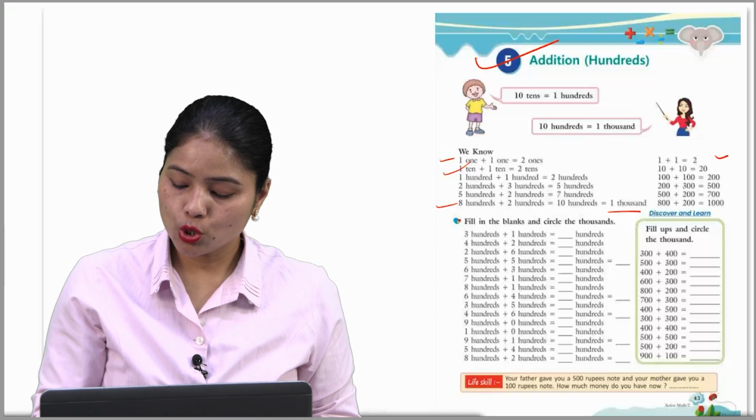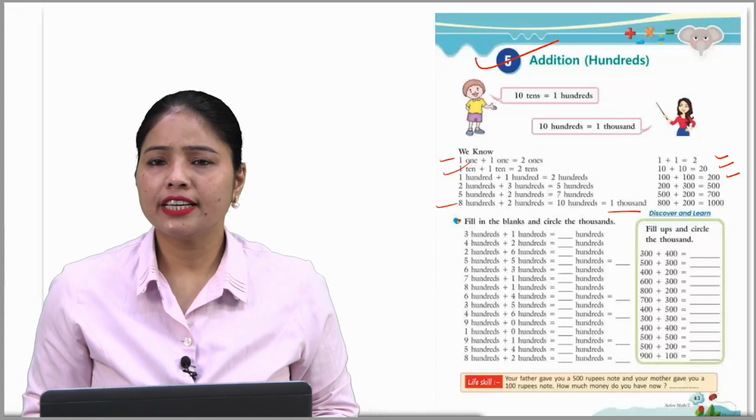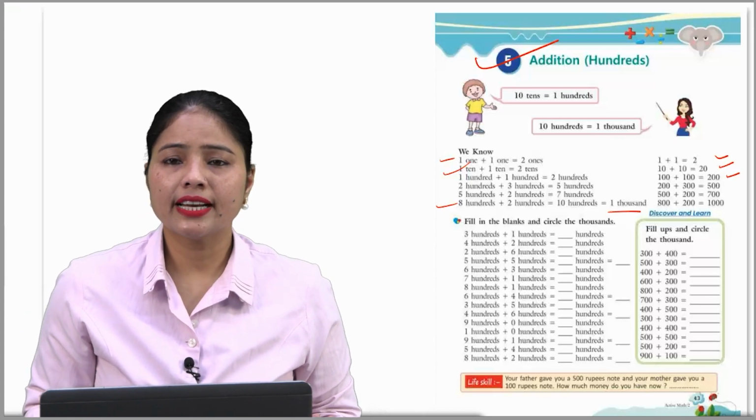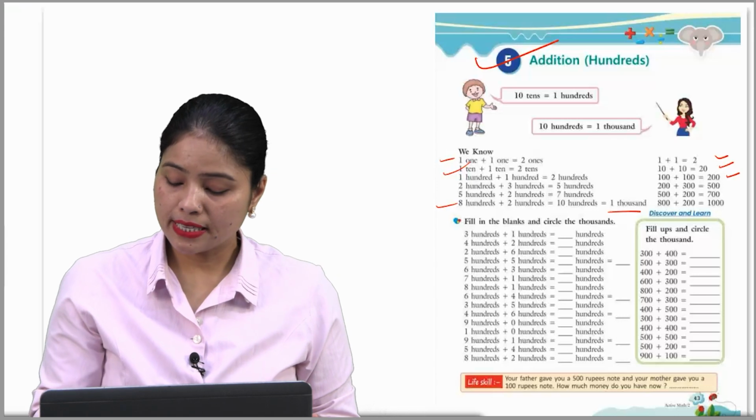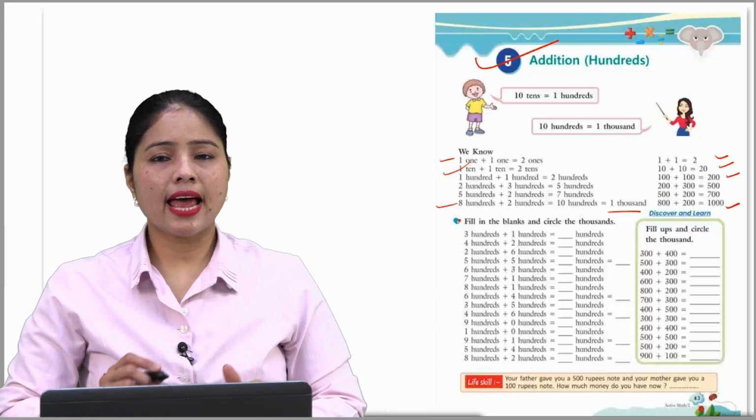So 800 plus 200 makes the number 1000. Okay, this is how we add it.